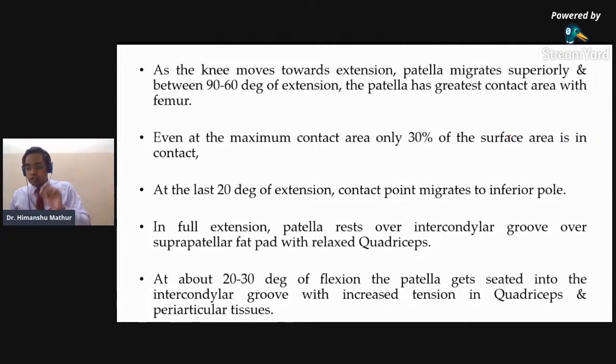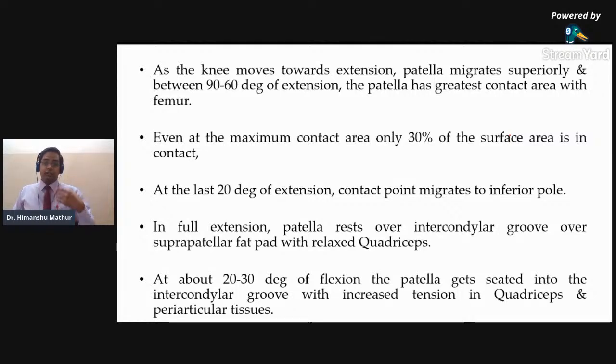So all those patients who are suffering from patellofemoral arthritis could be made to perform exercises in this region so that lesser degeneration can be opted for those patients. But what we do is start from 90 degrees and go for complete extension, which eventually imposes more load onto the patellofemoral joint as well.